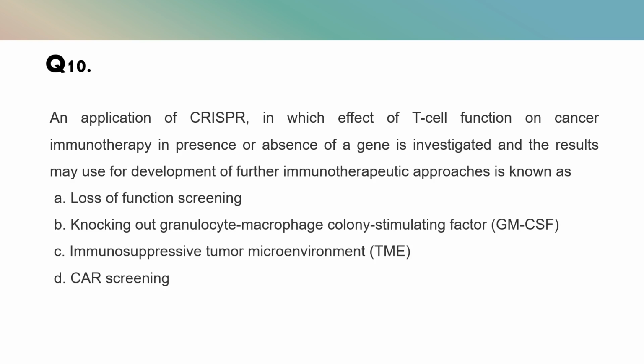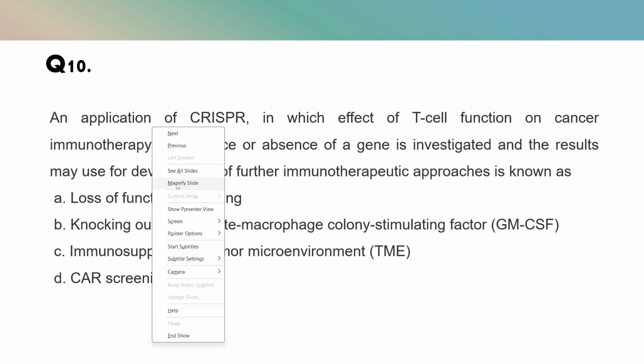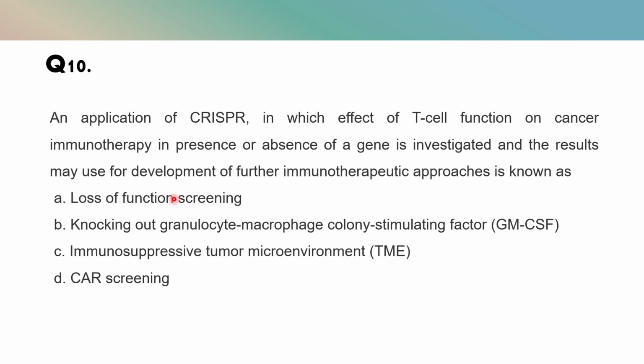Okay, then let's discuss about it. So an application of CRISPR. If we are talking about CRISPR, so what is it? That means we are talking about genetic engineering or gene editing, right? So what is this effect of gene editing, in which effect of T cell function on cancer immunotherapy in presence or absence of a gene.